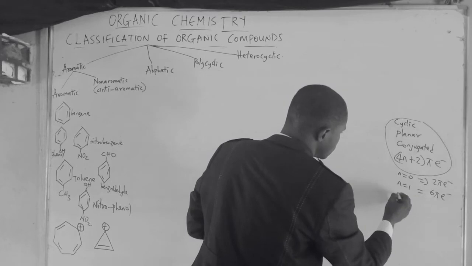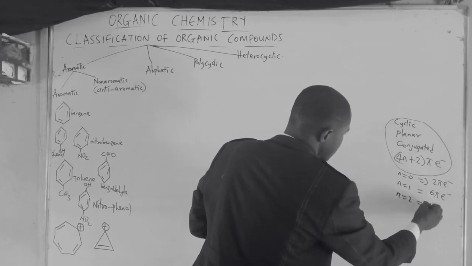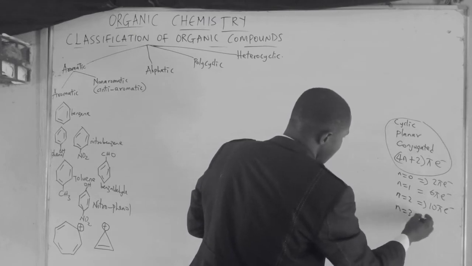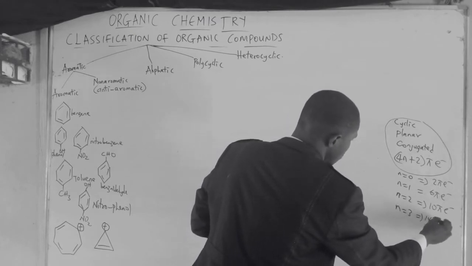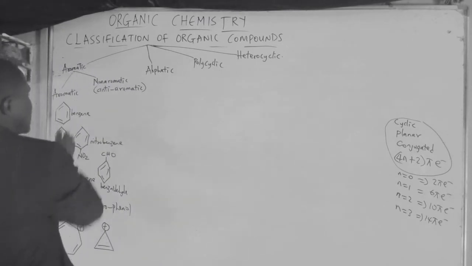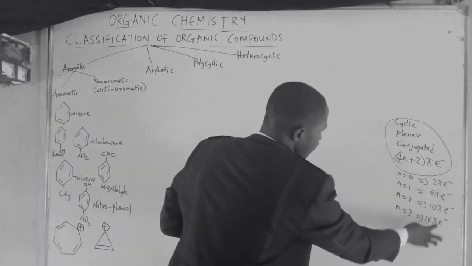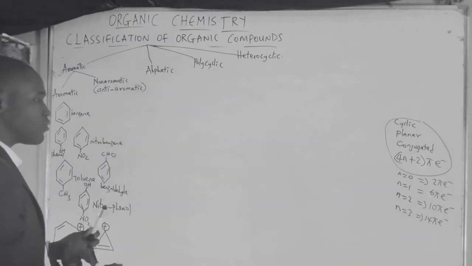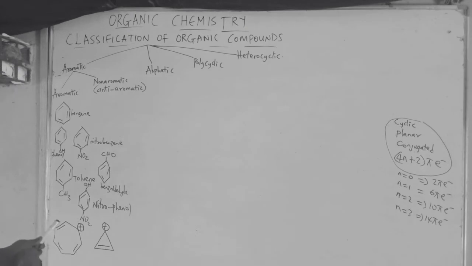When n is 2, we'll be having 10 pi electrons. When n is 3, we'll be having 14 pi electrons, and so on. So, if the number of electrons in that compound falls in any of these, same with when you get to n equal to 4, then it means that it obeys Huckel's rule.